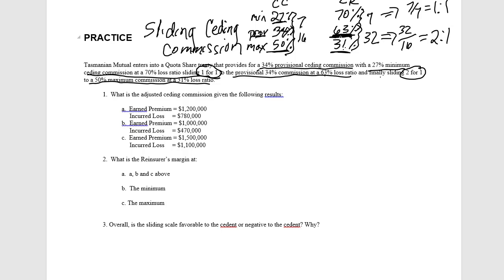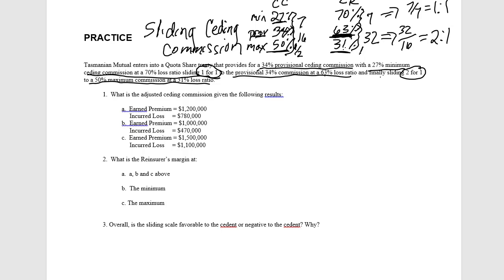So for every 2 points the loss ratio is lower than 63, the provisional will slide 1. Or you could say that the ceding commission slides half a point for every 1 point the loss ratio slides. It might be easier to think of it that way. 1/2 point here and 1 point on the loss ratio side.